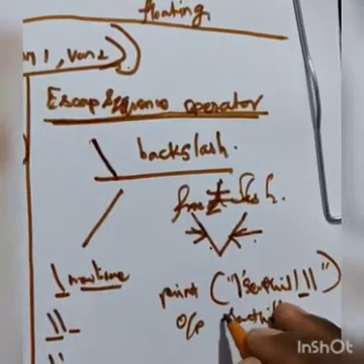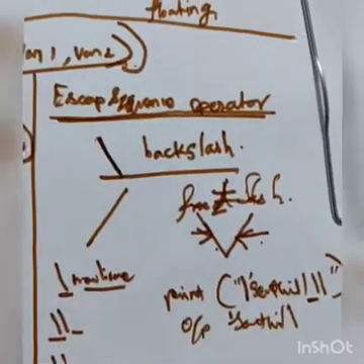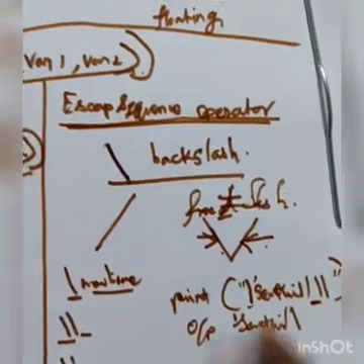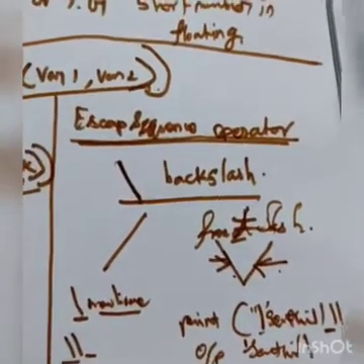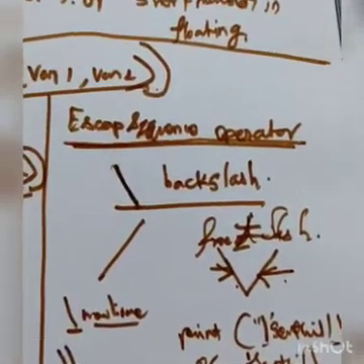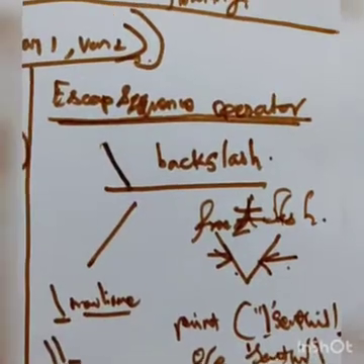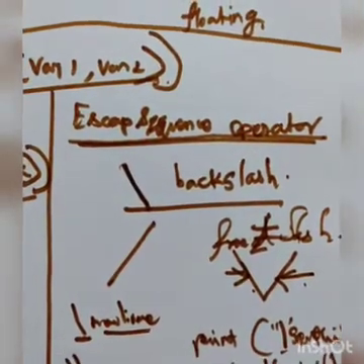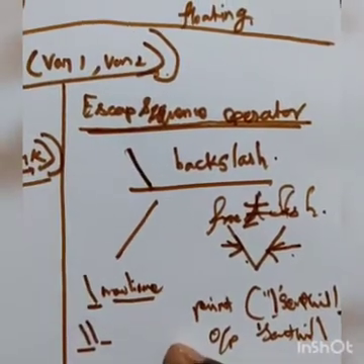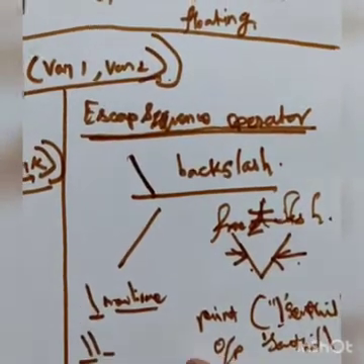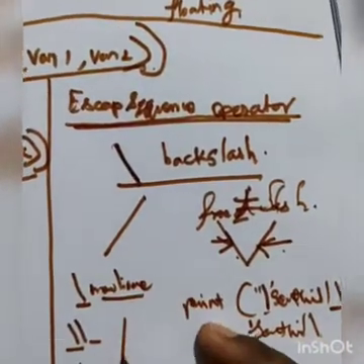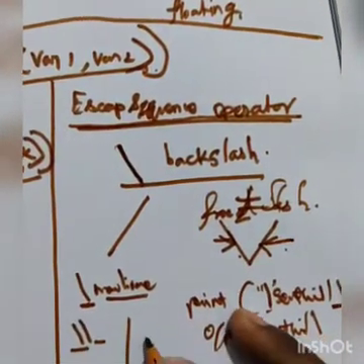The output is the single quotation; the backslash does not come. There are many examples in your book, and I will teach you. Next, backslash double quotation: if you want a double quotation, use this.